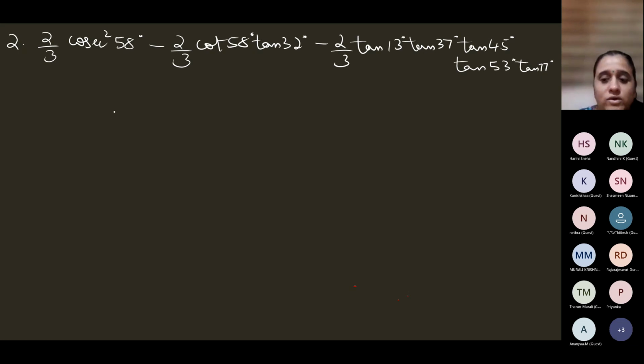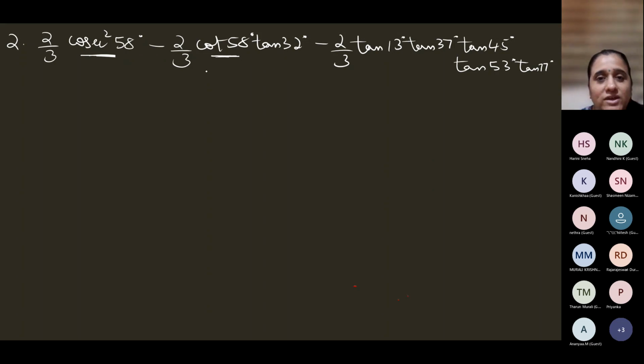So what we need to do is first plan. Here we have cosecant square 58 degrees, and here we have cot 58. We wish this was cot square 58, then cosecant square 58 minus cot square 58 will be 1.